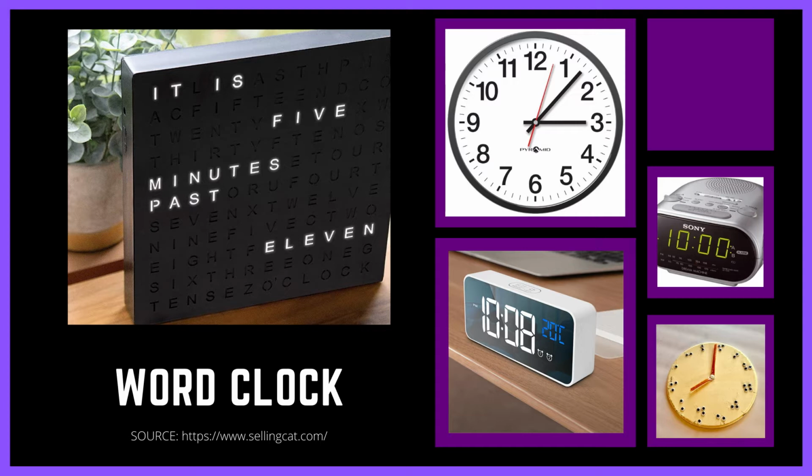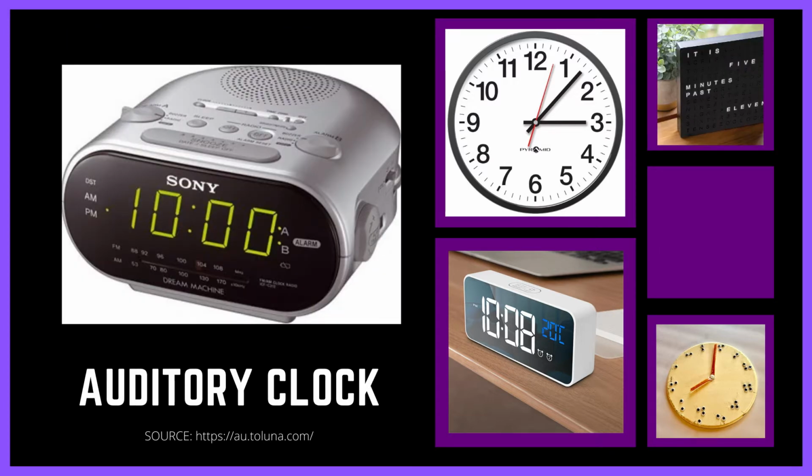Sentences can be recorded either via software or with hardware. Fourth, we have an auditory clock, which, from the term itself, uses human or computer-generated voice, mostly used for big places like churches.